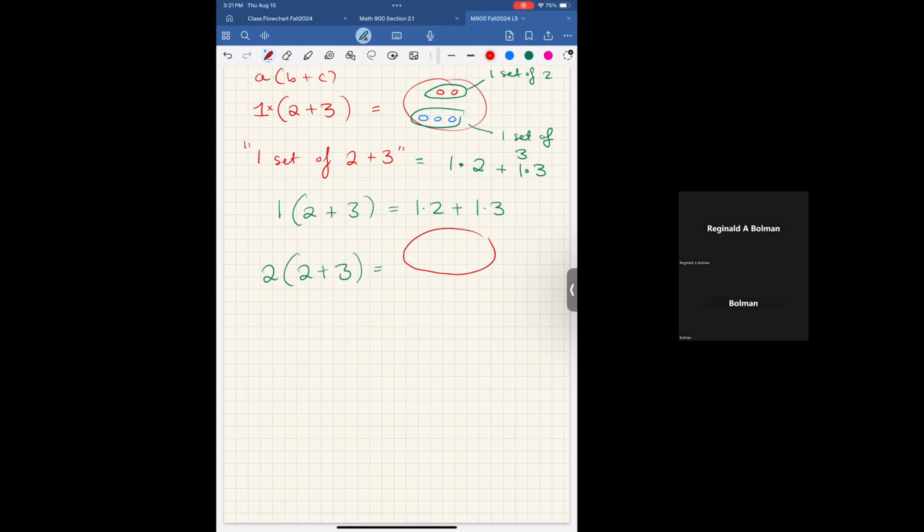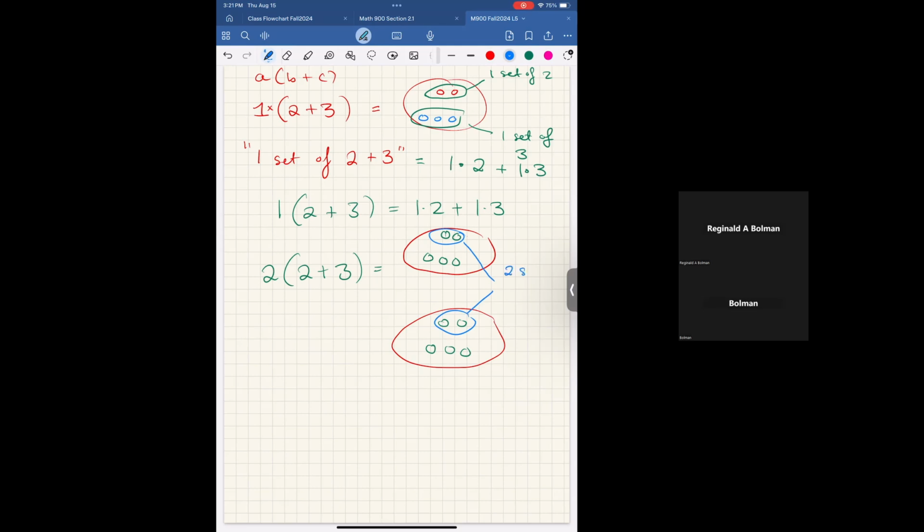Well, I'm going to draw two bubbles because my bubble represents a set of something. And then two sets of 2 and 3. Here's my 2 plus 3. Here's the interesting part.